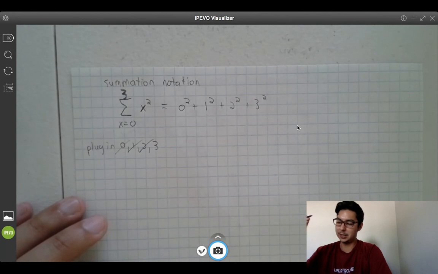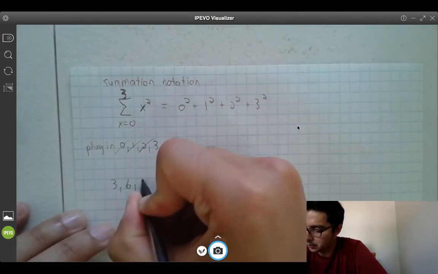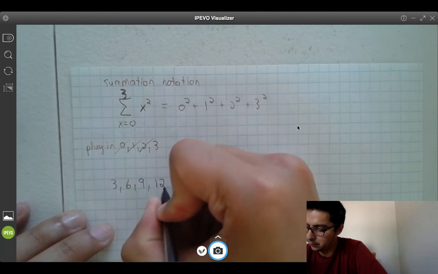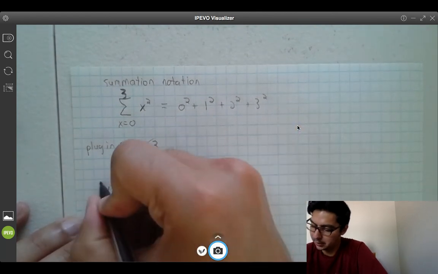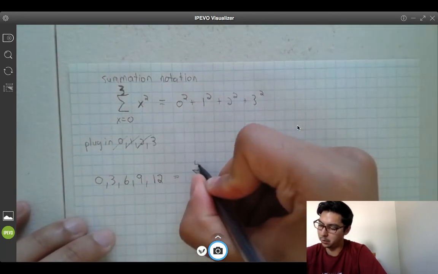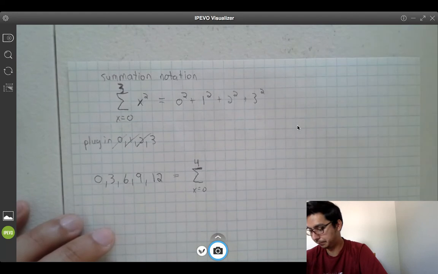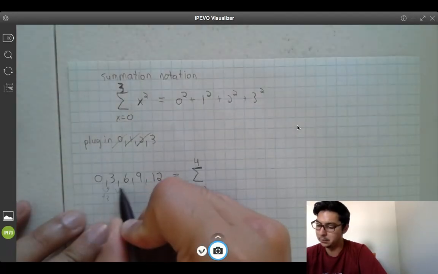And if you want to write summation notation, say you had a pattern of 3, 6, 9, 12. Right. No, I'll start back at 0. Why not? So there's 5 things. So you could go from 0 to 4 for the 5 summations. And the pattern here is it's linear, right? Because it's adding by 3.